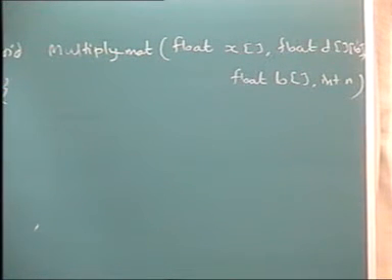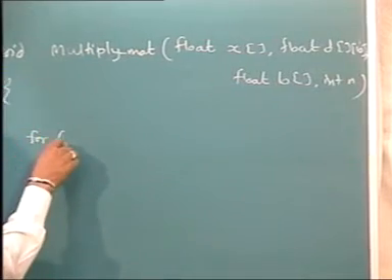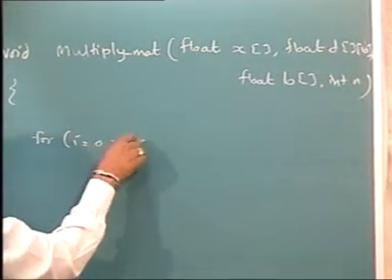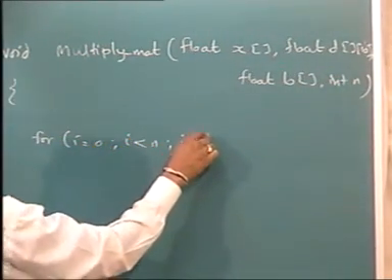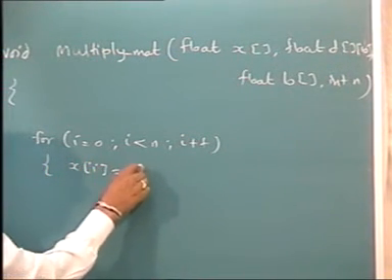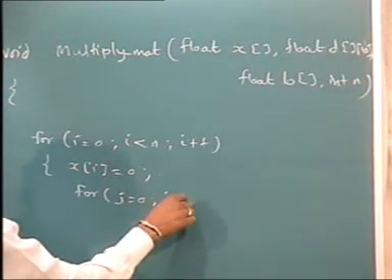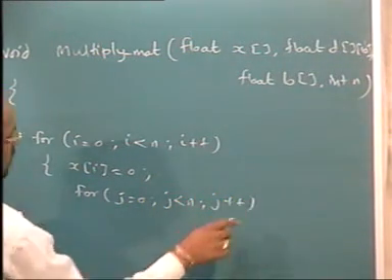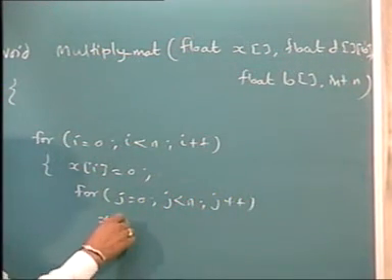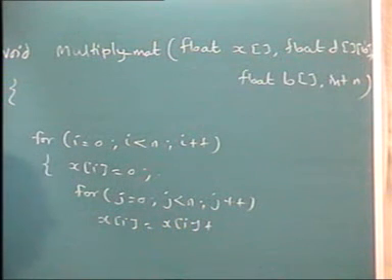How to multiply? First row multiplying all the elements of b. So for i equal to 0, i less than n, i plus plus, x of i equal to 0. For j equal to 0, j less than n, j plus plus, x of i equal to x of i plus. Can anybody tell me what to write?